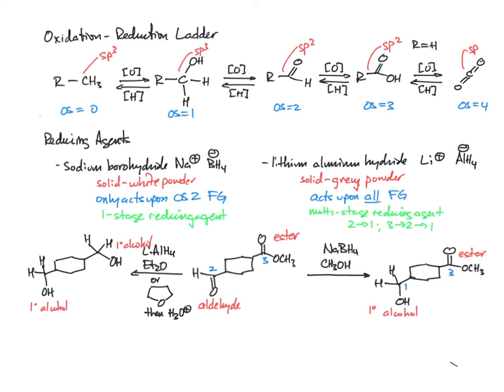And again, it's going from 3 to 2 to 1. So right now at 3, it's an ester. At oxidation state 1, it's a primary alcohol. At oxidation state 2, the intermediate, it's an aldehyde. So this reagent is so reactive, it does a 1-2 stage reduction when you're at this oxidation state.